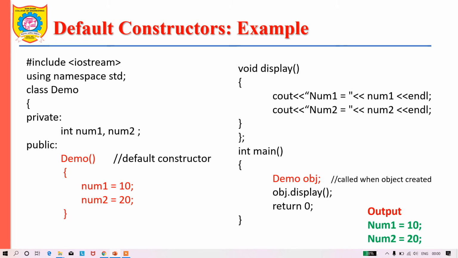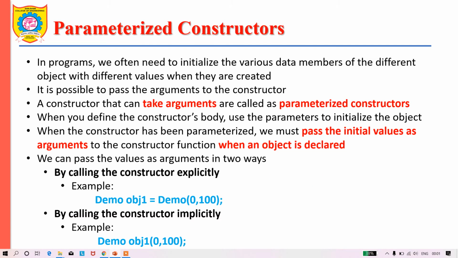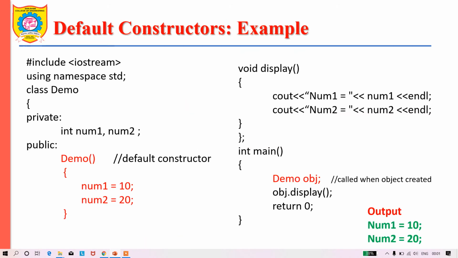Okay, let us move towards the parameterized constructor. Now if you observe here, I have initialized the values as 10 and 20, but if I want to change those values which have been already initialized to the private data members of an object, I can change the values. And a number of times it may happen that there are a number of objects for a single class, and for those objects we can have different values for the data members.